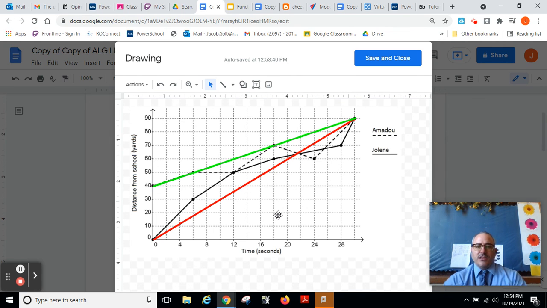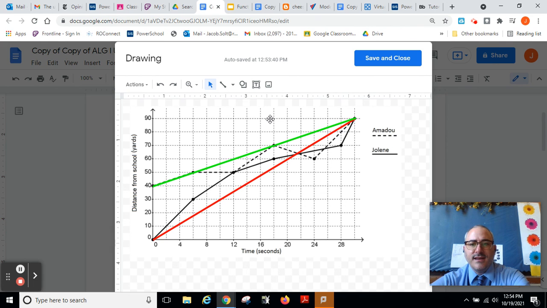You would pick which one is steeper, and you would say something like, Amadou's average rate of change is faster because they have a steeper slope from beginning to end, and therefore the rate of change was faster.